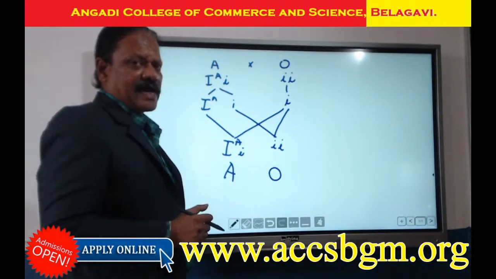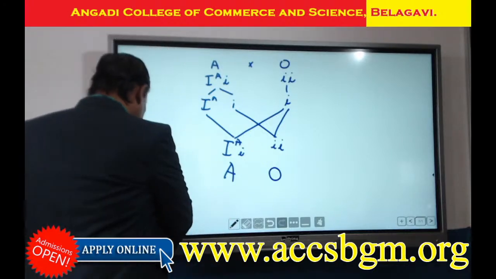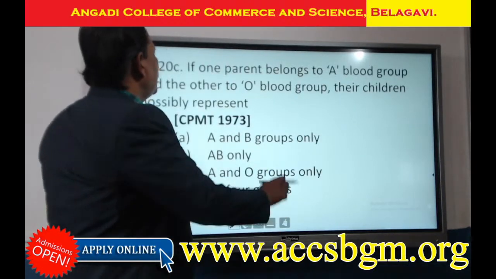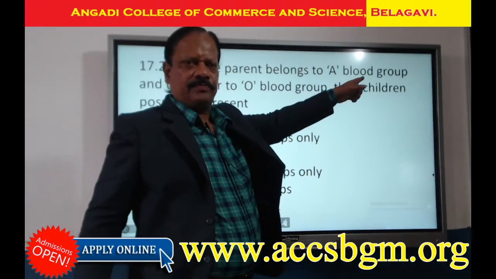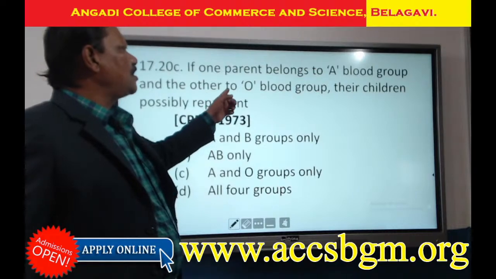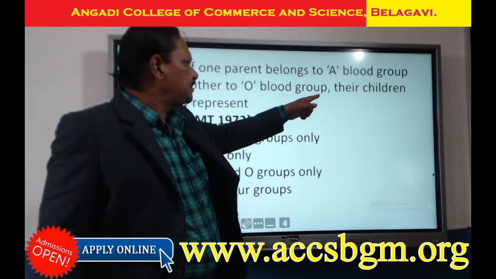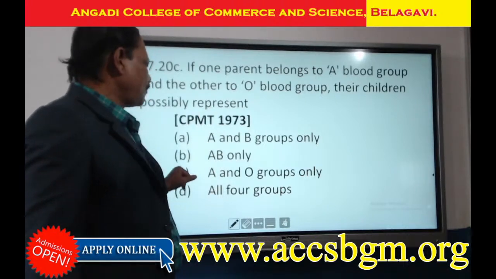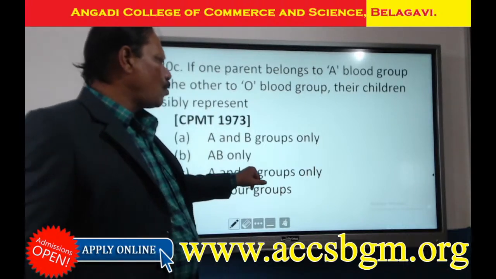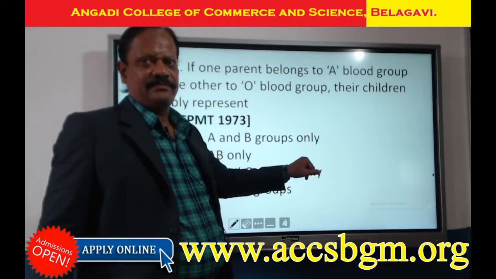Just go to the slide and see. Here, if one parent belongs to A blood group and the other belongs to O blood group, the children possibly represent option C, A and O groups only.